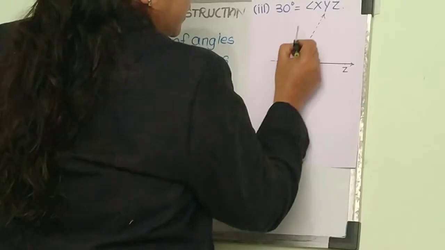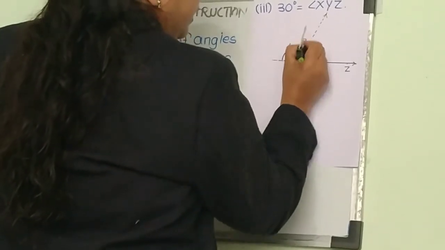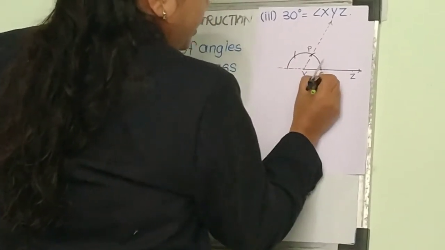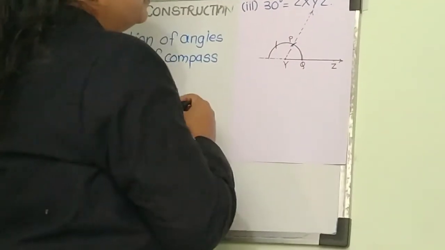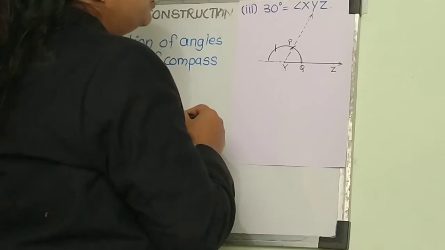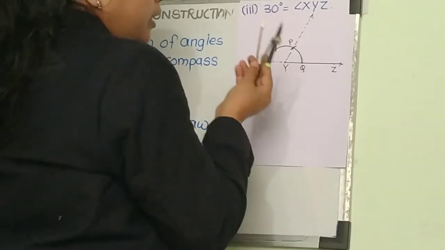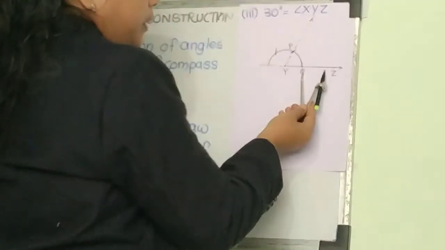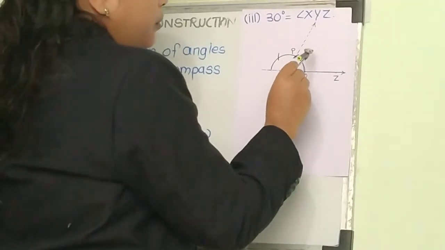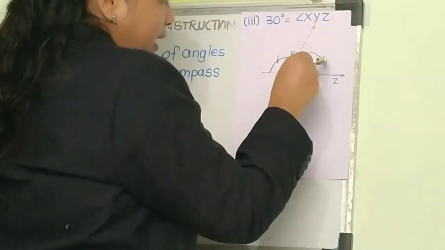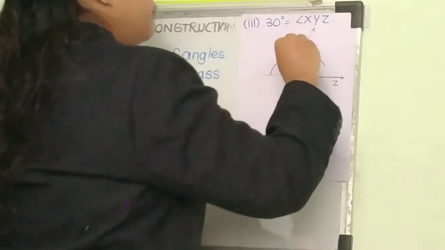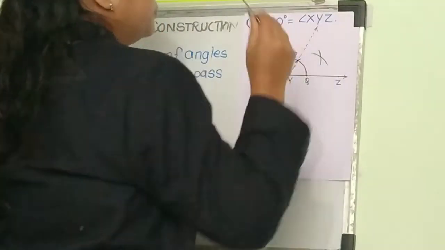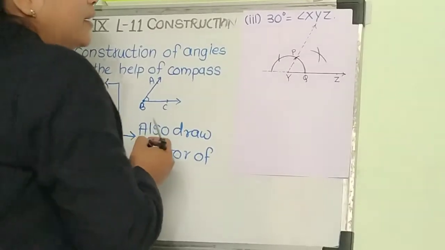Here for the bisector, I am going to take point P and here I am going to take point Q. So from points P and Q, we are going to draw two arcs. So again I will take some distance in our compass. Then from point Q, we have to draw one arc. Similarly, from point P, we have to draw an arc intersecting.